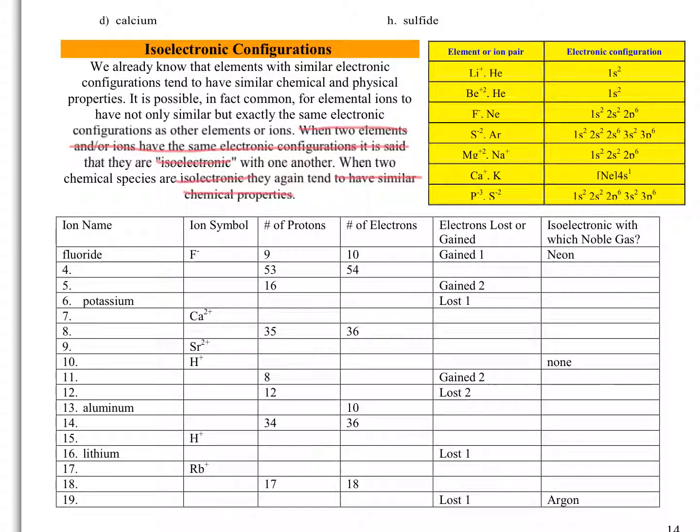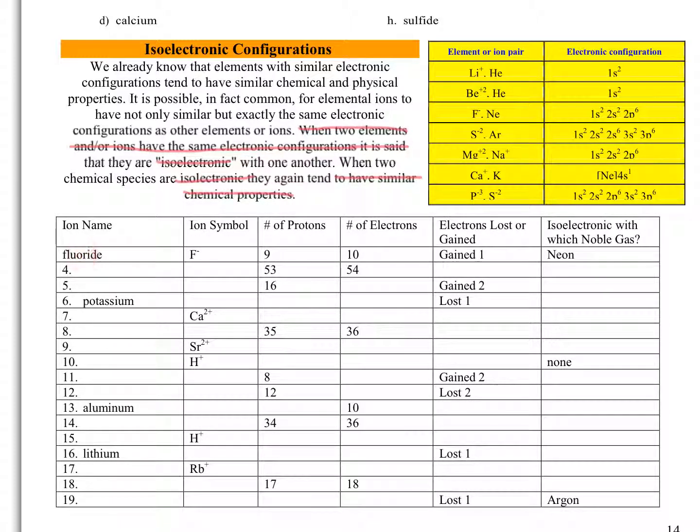F- and neon, fluoride and a neon atom, both have this electron configuration because fluorine gained one to have 2p6. Okay, there's plenty of examples here to look through. You can have several different elements with ions all having the same isoelectronic configuration, which means that they have the same properties.